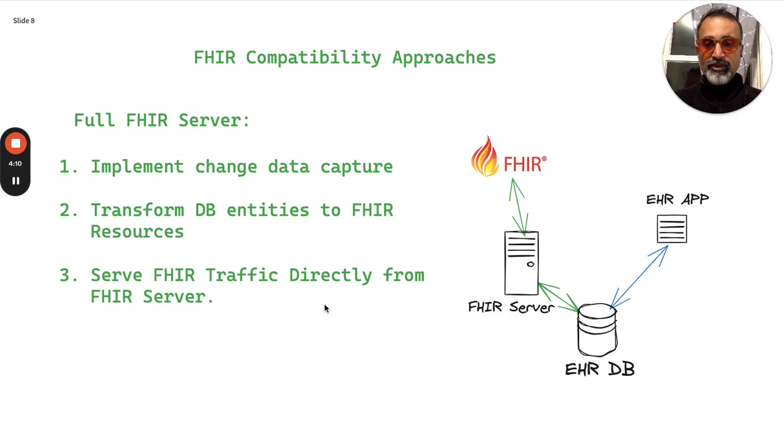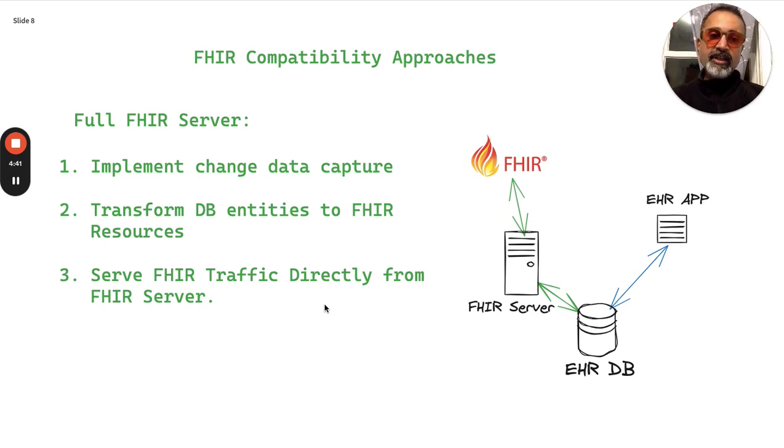The second approach, which is a very practical way of achieving FHIR compatibility for any EHR system, is by implementing a FHIR server and then using the mechanism of change data capture. Basically you listen to key resources in your EHR database that are getting updated or created, and then persist that onto a FHIR database.